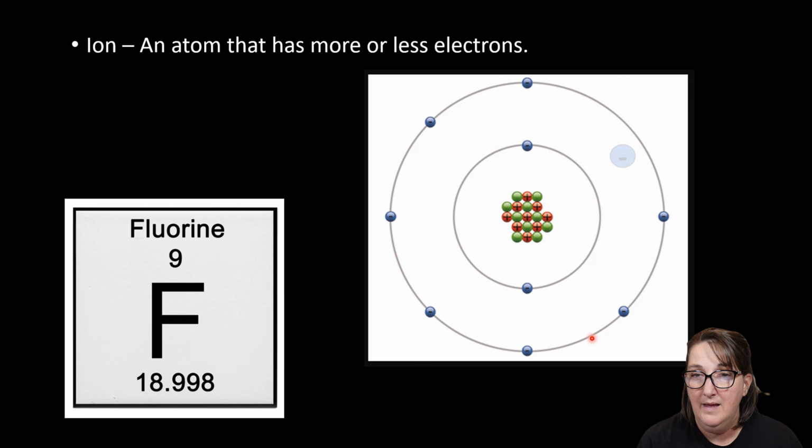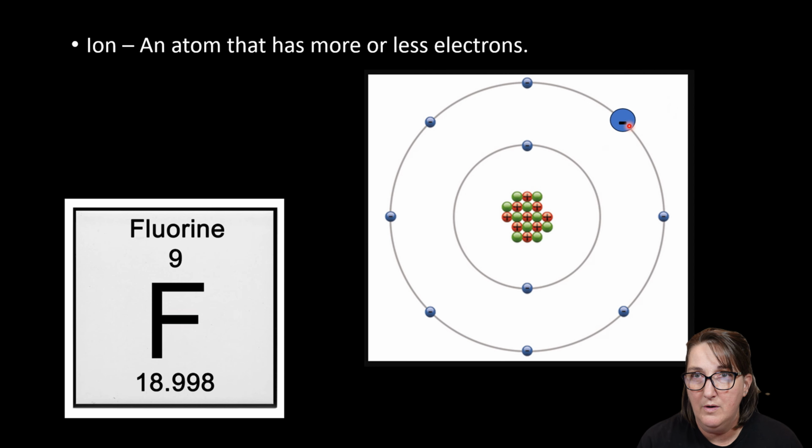So here I have 1, 2, 3, 4, 5, 6, 7, 8, 9 positive protons. And then I have 1, 2, 3, 4, 5, 6, 7, 8, 9, 10 negative electrons. So I have 10 negative electrons, 9 positive protons. Am I more negative or am I more positive? I'm more negative by 1.